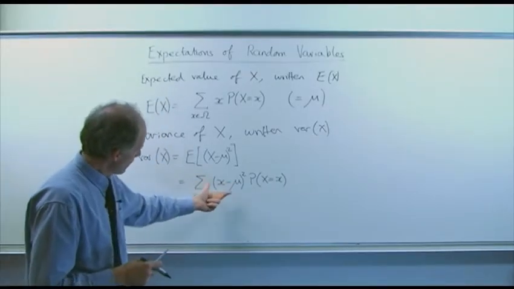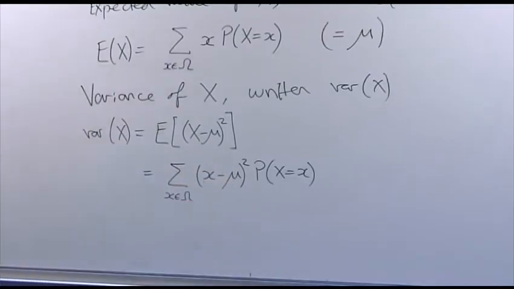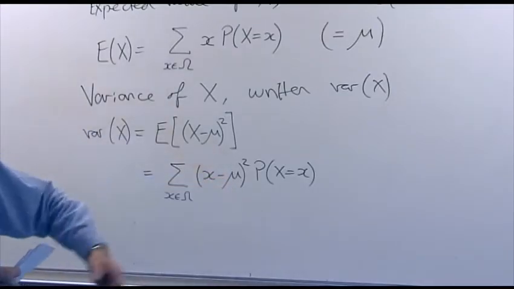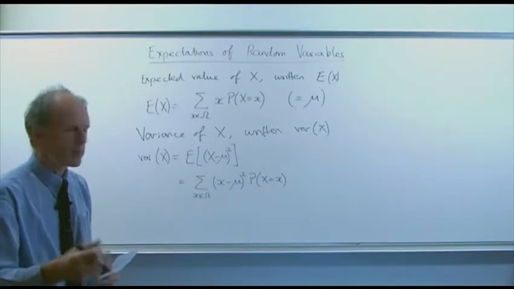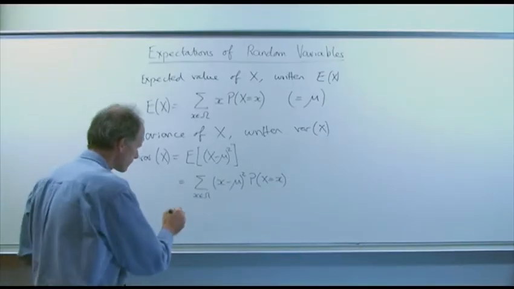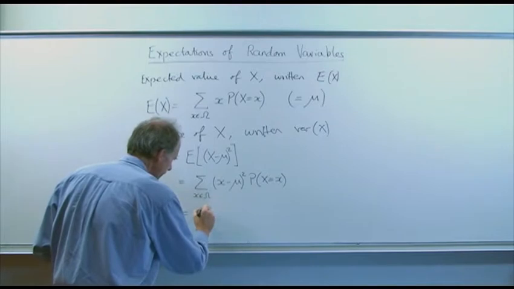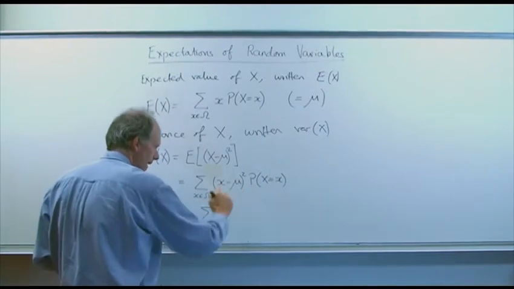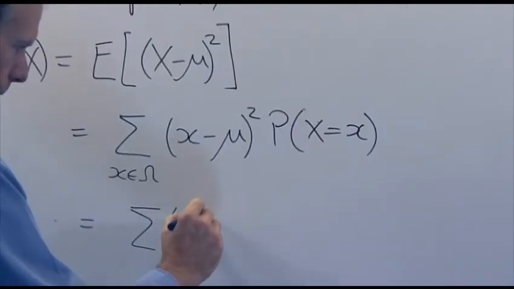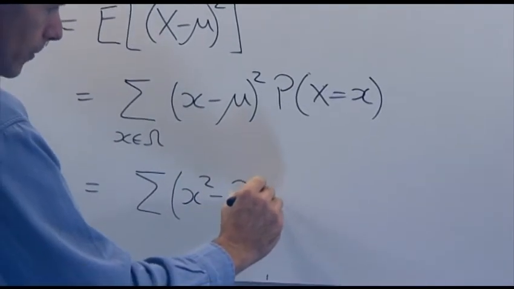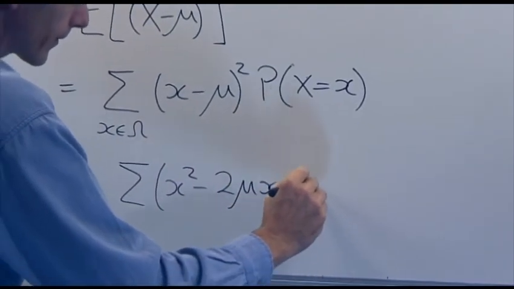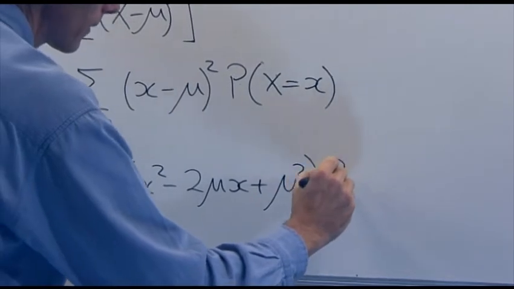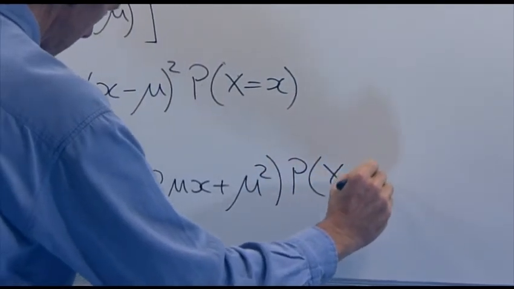That's perhaps a slightly messy formula, and it's worth noting a simplification for that, which also shows some of the techniques that are used later on. So this we can simplify, just by squaring out this bracket, to x squared minus 2 mu x plus mu squared, times the probability X equals x.